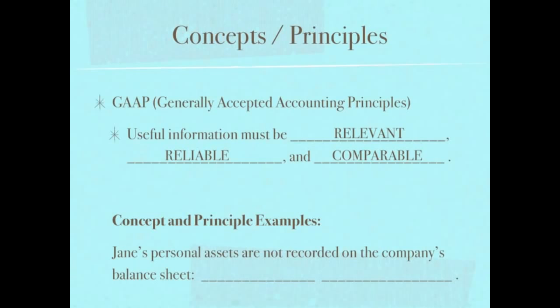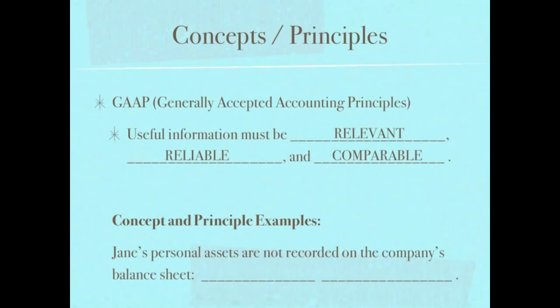And again, we'll be talking about these in more detail, but reliable. How reliable is the information? Do you have a document stating this is what you paid for this item, or is it just a number you made up? And is your information comparable? So we're given these methods of, for example, inventory valuation methods that we're allowed to use.